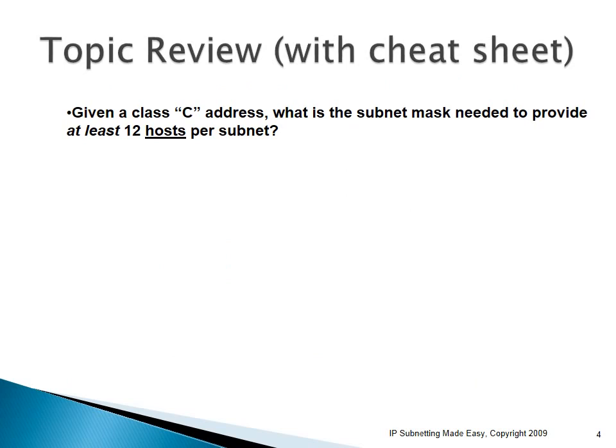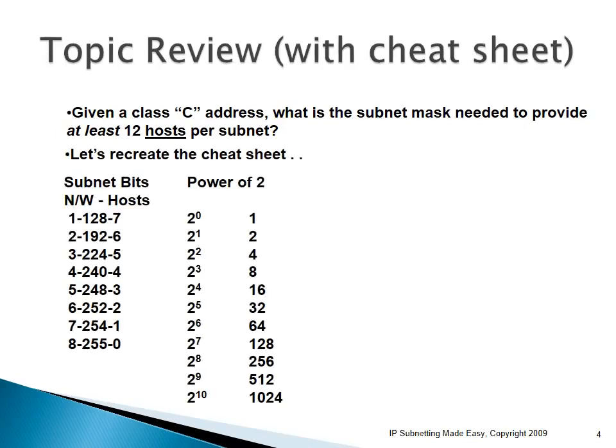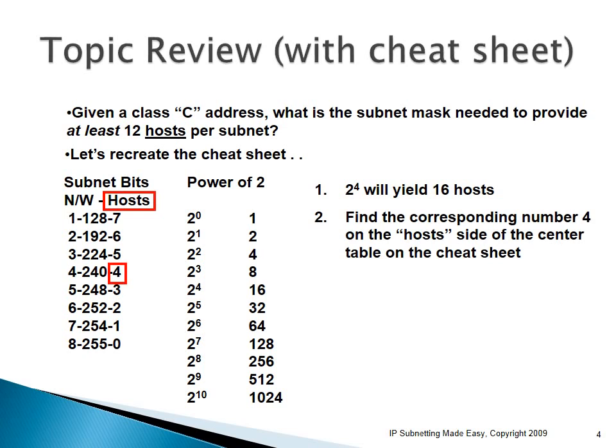Given a Class C address, what is the subnet mask needed to provide at least 12 hosts per subnet? Let's recreate the cheat sheet. First off, we look at the powers of 2 side and see that 16 will yield at least 12 hosts per subnet. 16 is a product of 2 to the 4th power. Since we asked for hosts, we will look over to the subnet bits portion on the host side and find a corresponding 4, as in 2 to the 4th power.